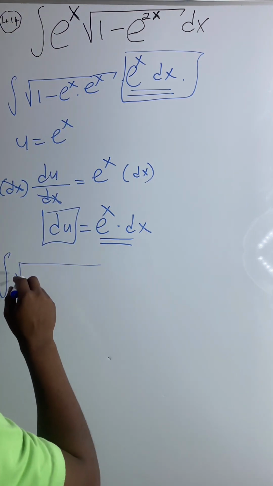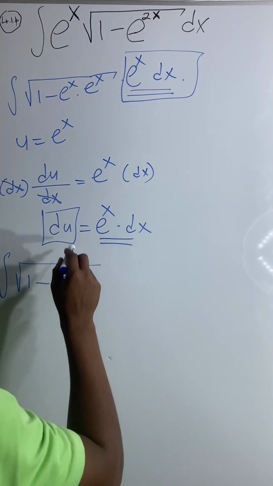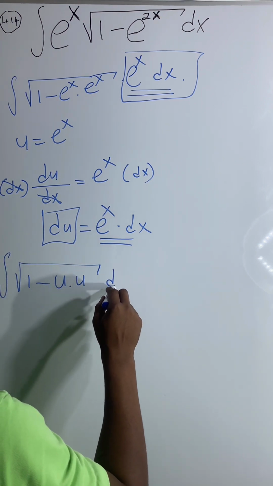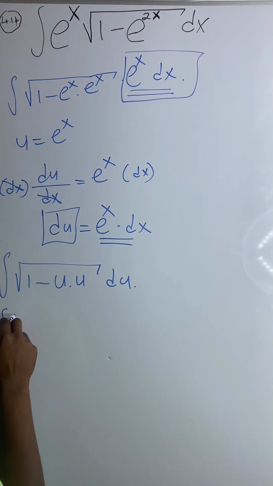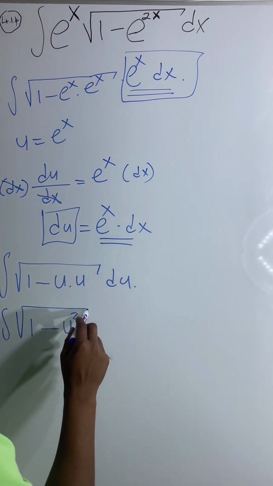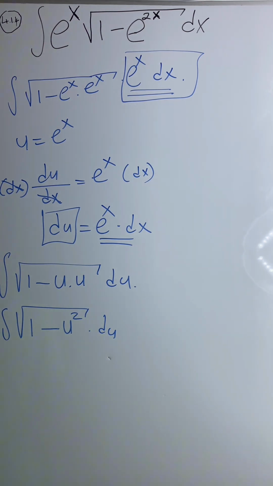So in the place of that e to the power x dx, let's substitute du, and in the place of e to the power x, we said we'll substitute u, so we get the integral of the square root of 1 minus u squared du, and we use our formula sheet to determine this integral.